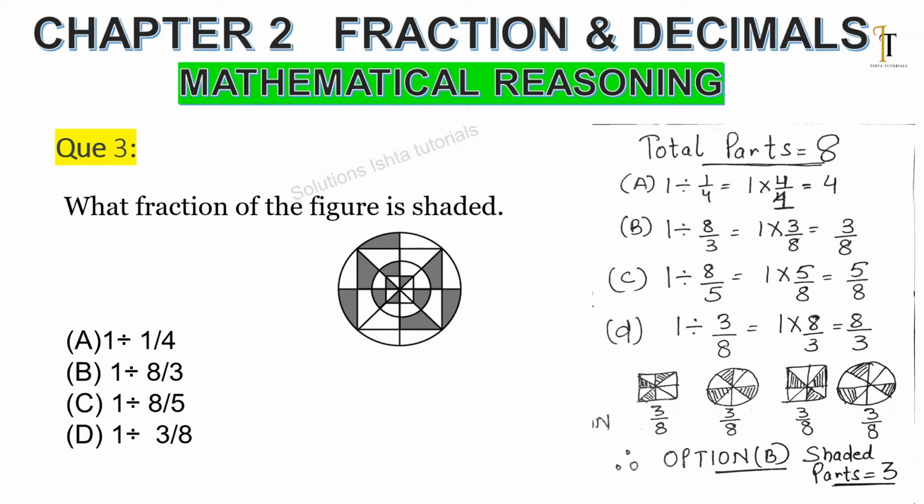And in D also there are a total of 3 parts, that is wrong. So let's check between options B and C. Here we have a total of 8 parts, and you can see in the whole image 3 are shaded, which resembles option B. So option B will be the correct answer.